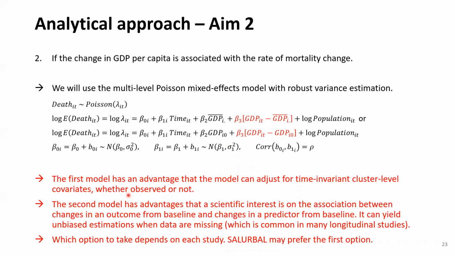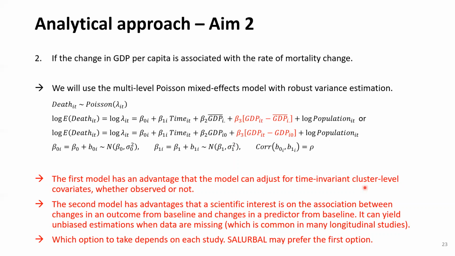So the first model, decomposing using mean GDP, has an advantage that the model can adjust for time-invariant, cluster-level covariates, whether observed or not. Time invariant means the value doesn't change by time.